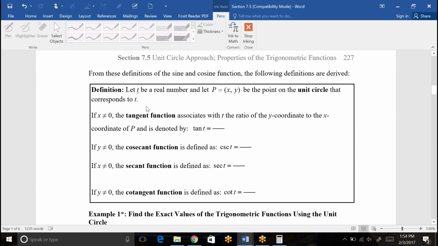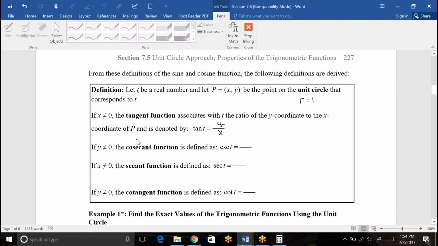From the definitions above of the sine and cosine function, we can now define some more information about the other trig functions. So if t is a real number and P is x comma y, that's our point, on a unit circle, which means our radius is 1. If x does not equal 0, the tangent function associates the y coordinate to the x coordinate, so that means that tangent would just be y divided by x.